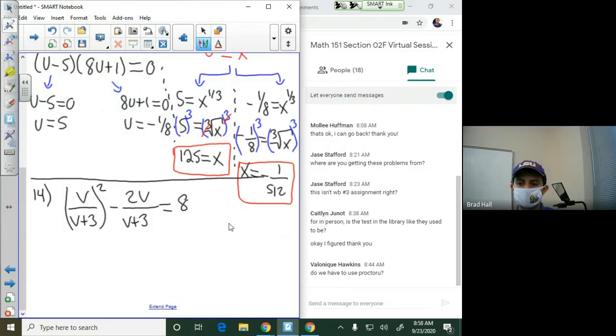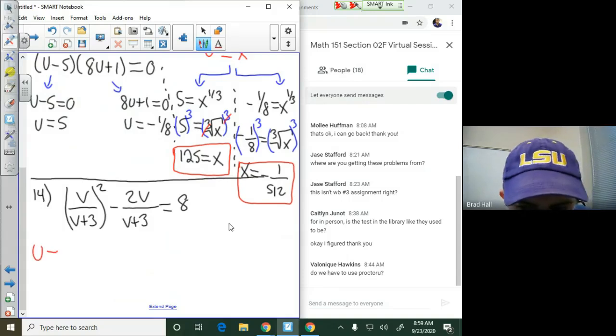Now this one's tricky because what in the world does this have to do with U substitution? Well, the answer is quite a bit. And there's really several ways you could do this problem. The way I want us to look at this problem is, well, of course, a U substitution.